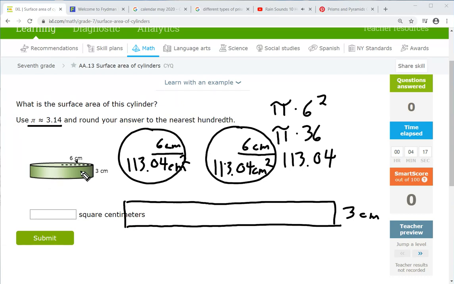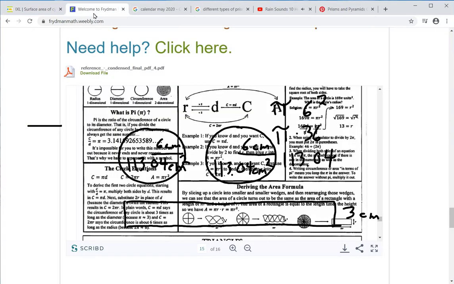And again, if we unravel this, we just get a rectangle, and the height would be 3 centimeters, but the length would be the same as the circumference of the circle. So let's remind ourselves how to find the circumference of a circle. The circumference is equal to 2 pi r.